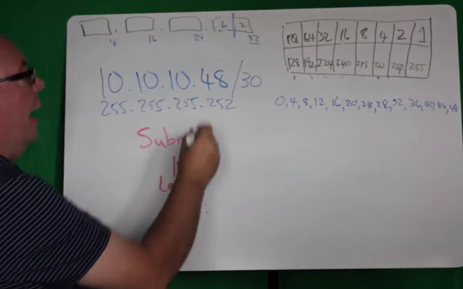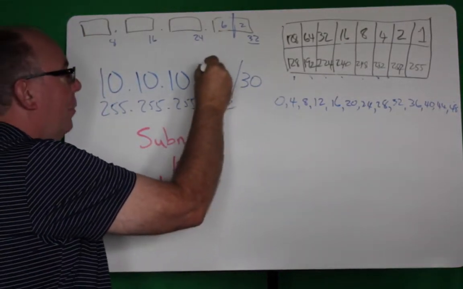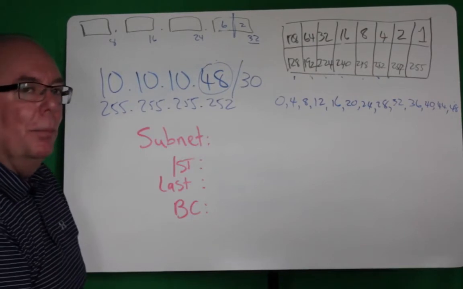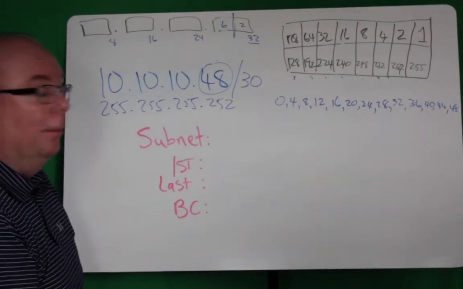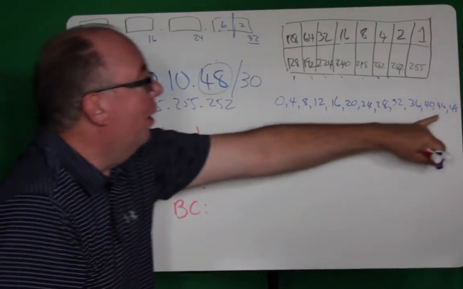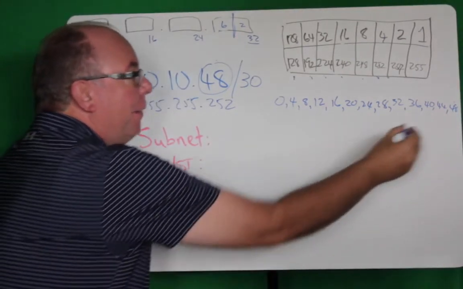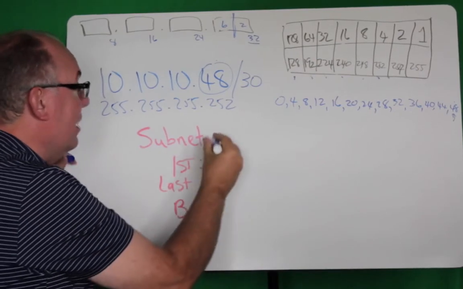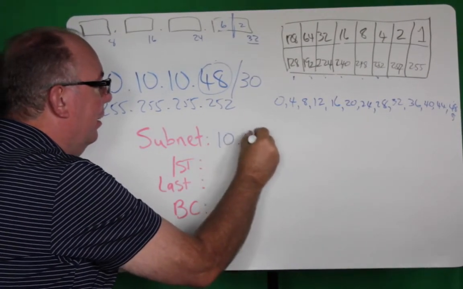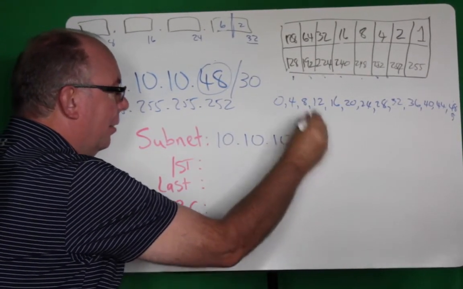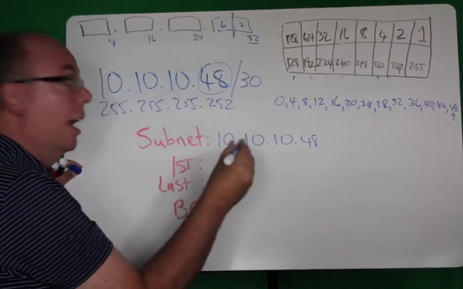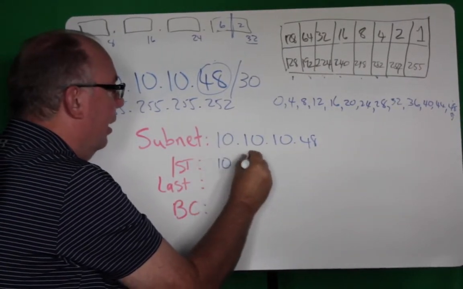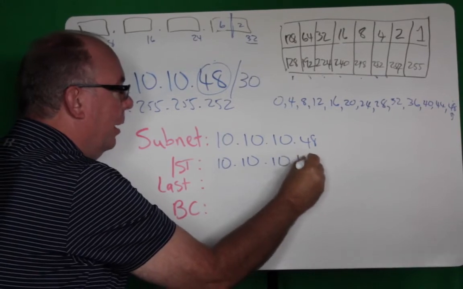Now, because that mask falls on the last octet, if you'll recall, that's the number that we're very interested in. And we see 48 falls all the way out here. In fact, it is one of those subnet addresses. So that is the subnet, 10.10.10.48. The first usable would be the next address, 10.10.10.49.